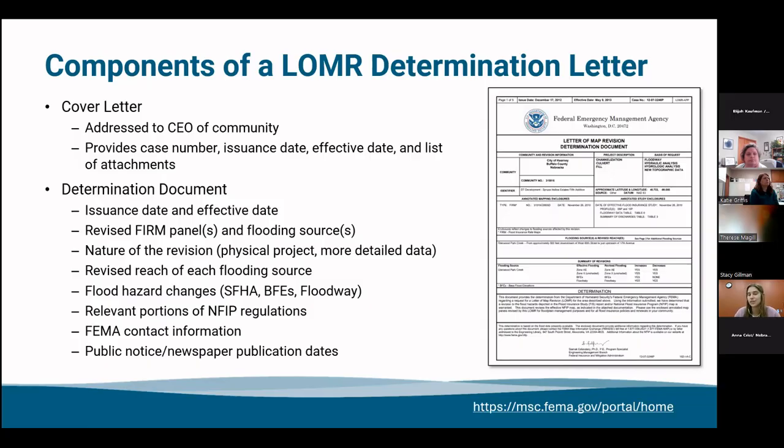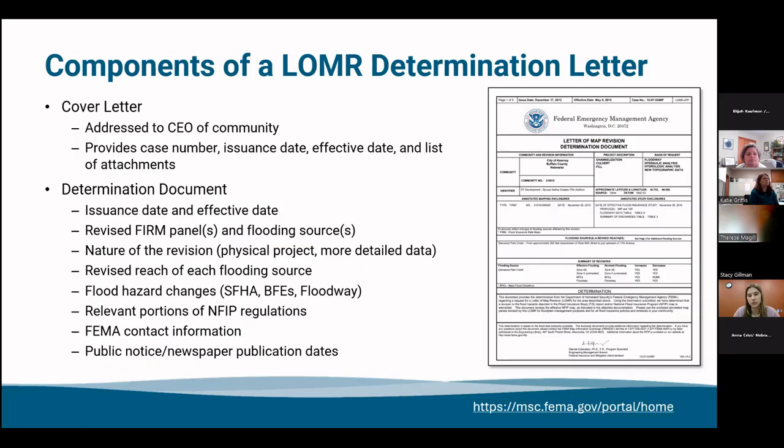And those are going to be things such as the determination document. And that determination document, again, is going to have the issuance date of the letter and the effective date of the map revision. It's going to include information about the revised FIRM panel or multiple panels if more than one is affected, and the flooding sources that are revised. It's going to include information on the nature of the revision, so whether it was a physical project that was implemented or if it was a study based on just getting more detailed data.